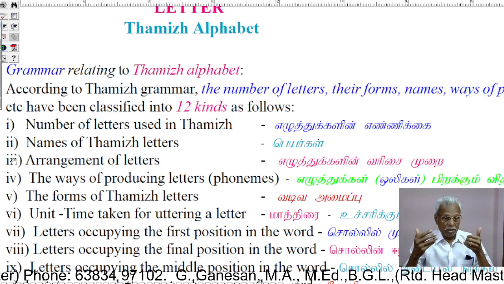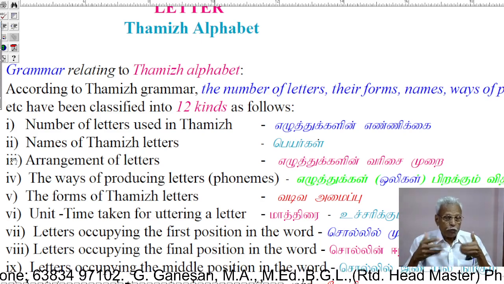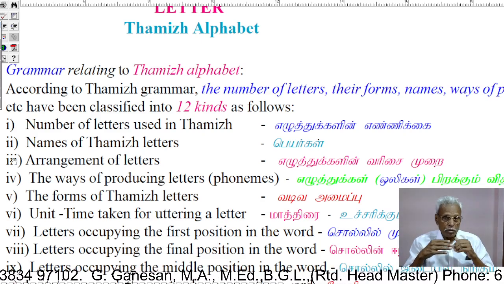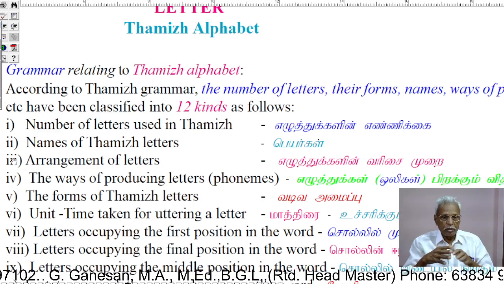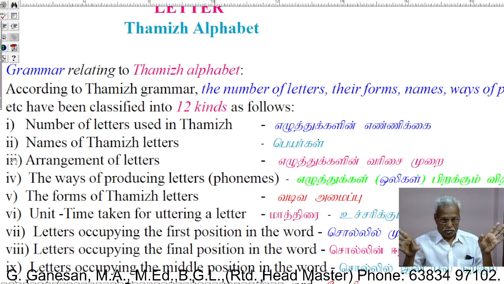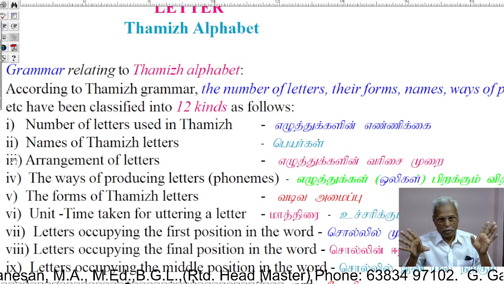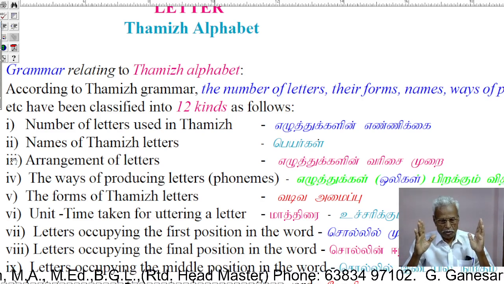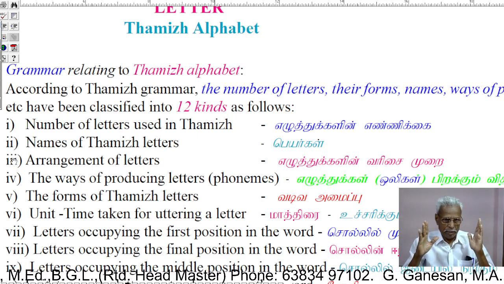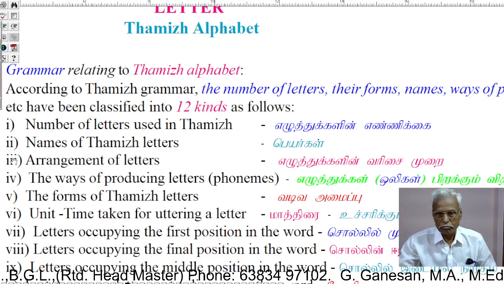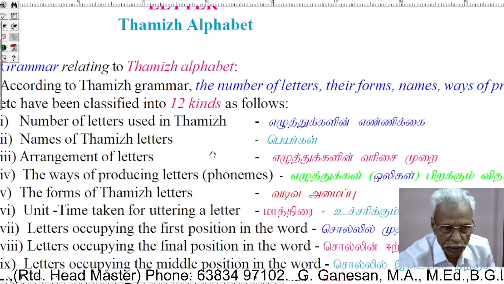These things, the rules followed, have been defined in 12 kinds. The rules have been classified as 12. Let us see what they are.